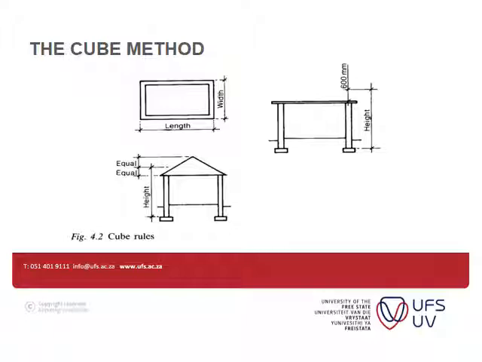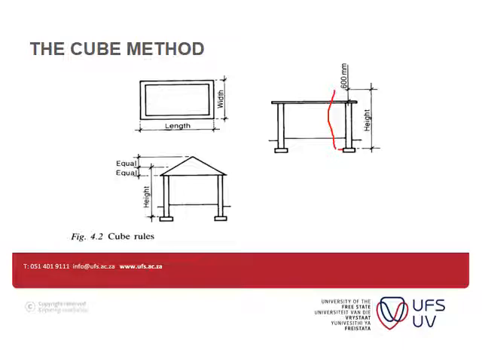If you've got a flat roof, for the height of your building, you basically take the top of your foundation up to 600 millimeters above your roof, and that is your height that you times with your square meter area of your building to get the cube or volume of your building.